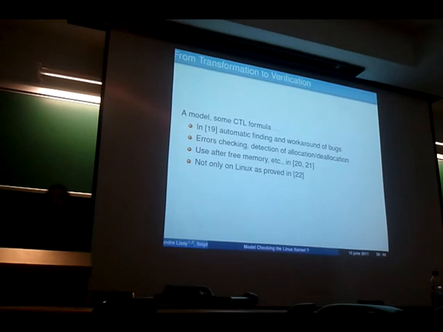Instead of having a semantic patch describing the evolution, they extended the semantic patch semantics to add some verification capabilities, and it allows them to check for allocation, deallocation, use of memory after free, the classical null pointer reference, and also in papers they use it to find automatic bugs and automatically work around them.